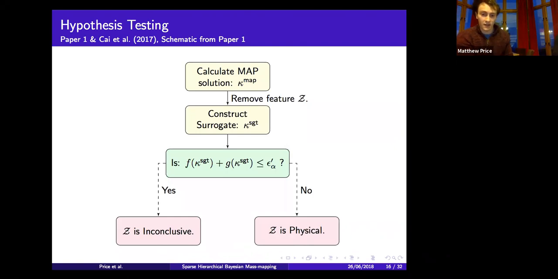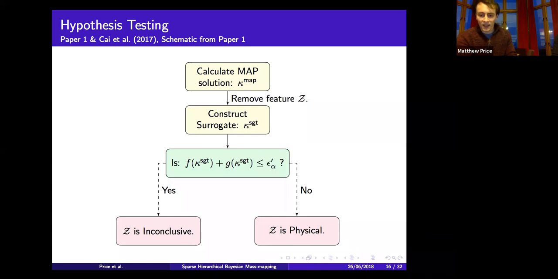So it's a physical feature at some confidence level alpha, which defines the level set. Conversely, if you remove that object, calculate the objective, and it's still within the credible set, then you cannot determine whether or not this was physical. That's not to say that it's not physical, it's just inconclusive.